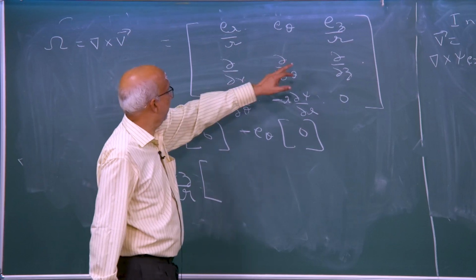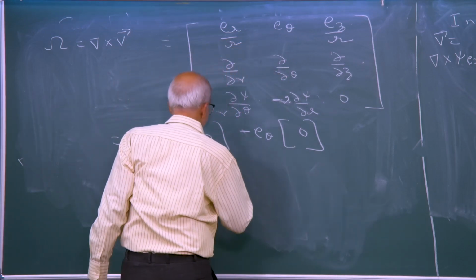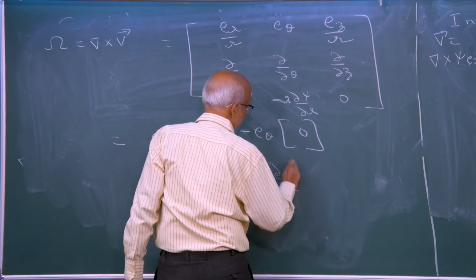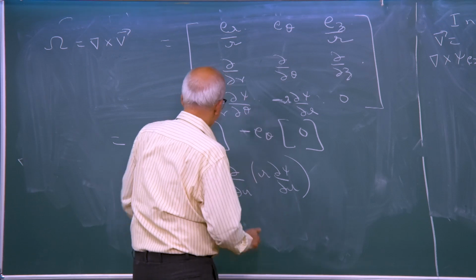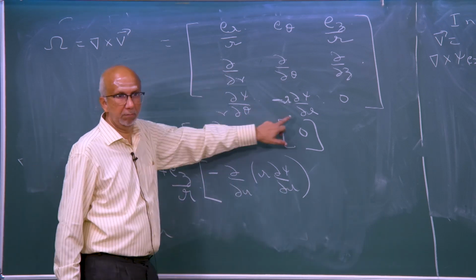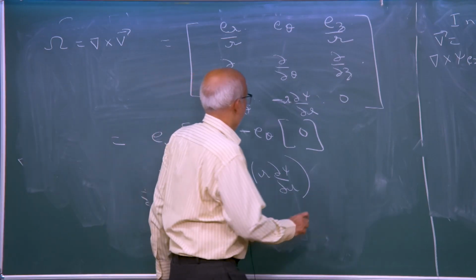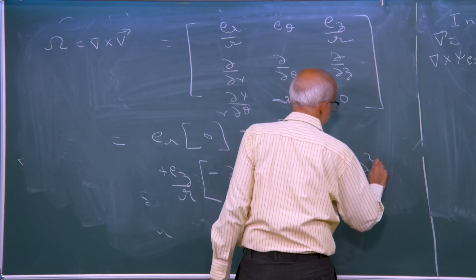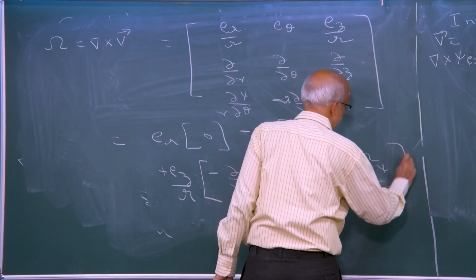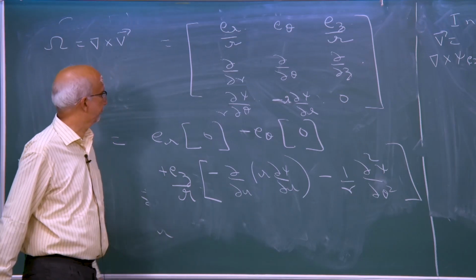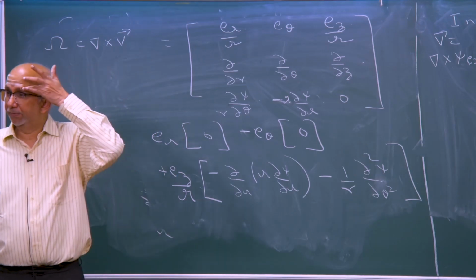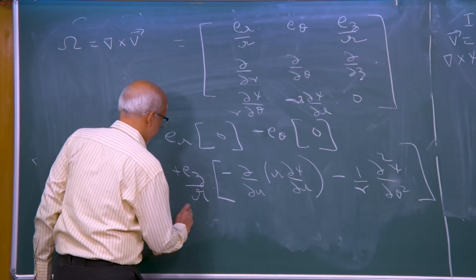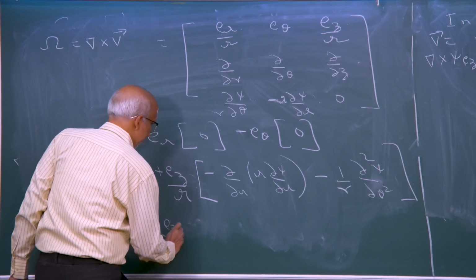I keep the r, d by dr of r d psi by dr, with a minus sign, minus 1 by r d square psi by d theta squared. It is just calculating the determinant, and this turns out to be E_z with a minus sign.